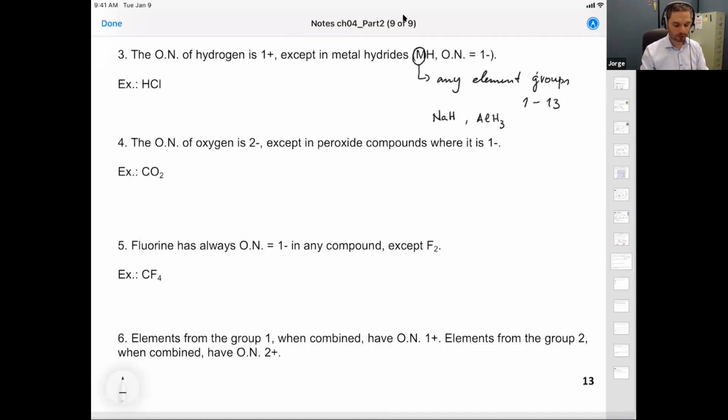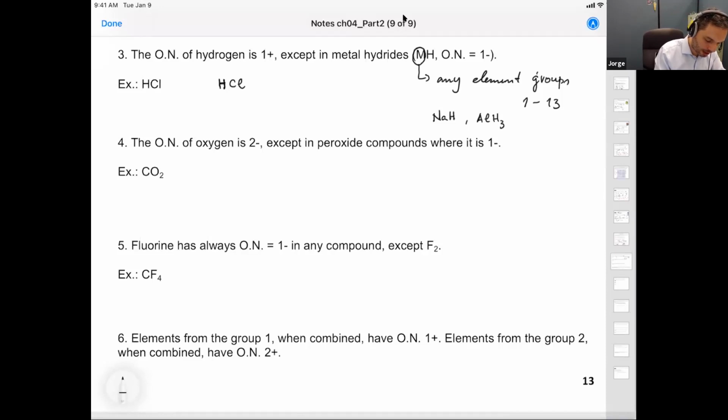So let's see how that works in the HCl compound. Okay, our goal here is to determine the oxidation numbers or the oxidation states for all the elements in the compound. So let's start here with rule number 2. Rule number 2 states that the sum of the oxidation states is always 0 unless indicated.